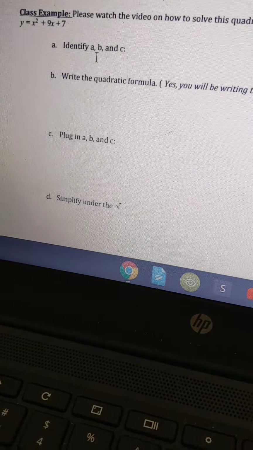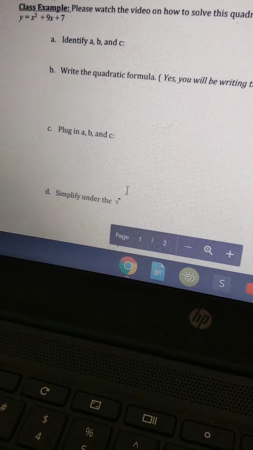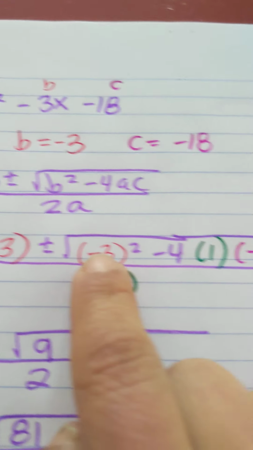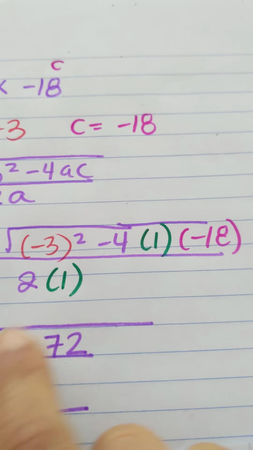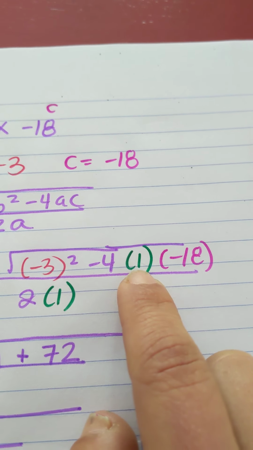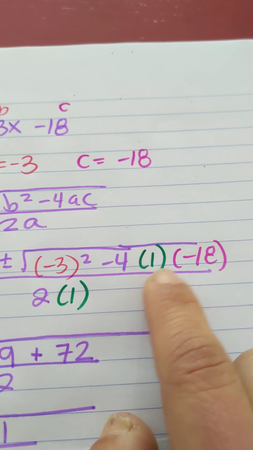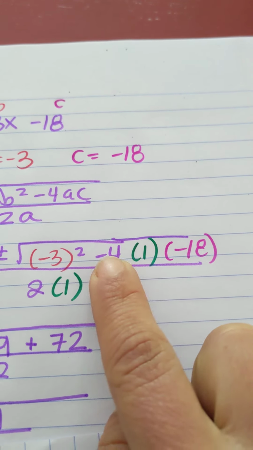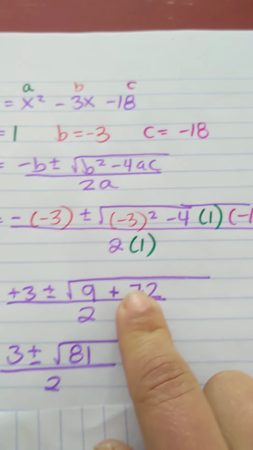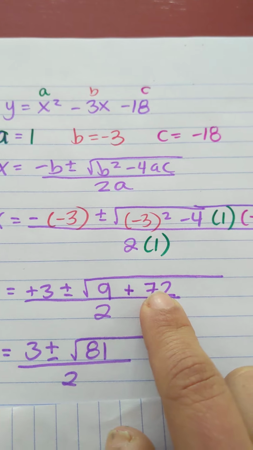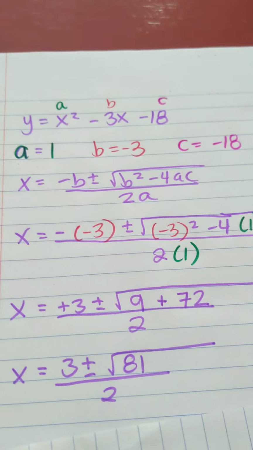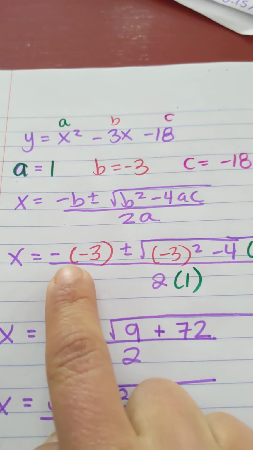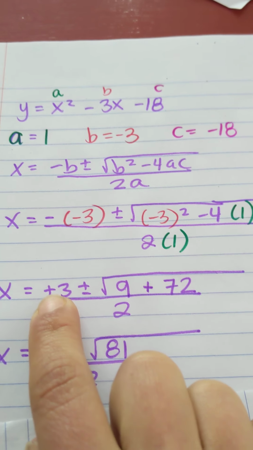D, simplify under the square root. So negative 3 squared is 9. 4 times 1 is negative 4. Negative 4 times negative 18. Well, negative times a negative is a positive, so positive 72. Okay? And here I said a negative times a negative is a positive 3.